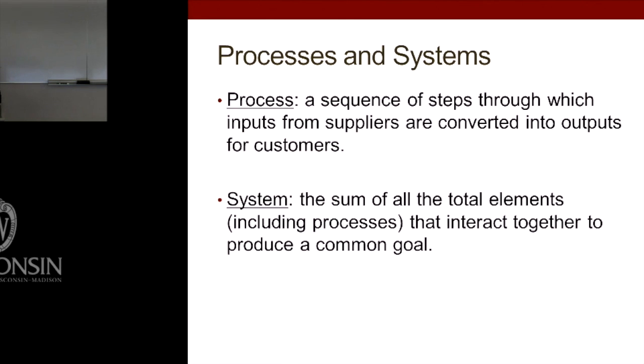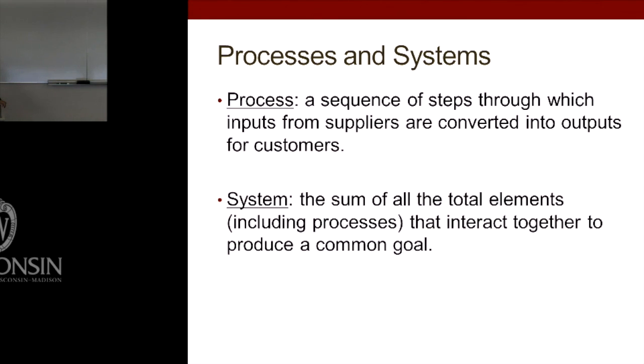And we do it through flowcharting. We talked about how a process is a sequence of steps through which inputs from suppliers are converted into outputs for customers. Depending on what your challenge or quality gap is, the supplier could be the clinic or the hospital, and the customer would be the patient.